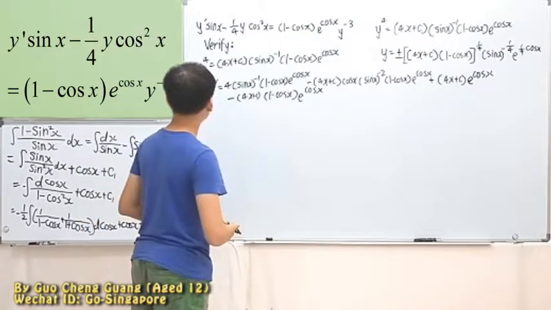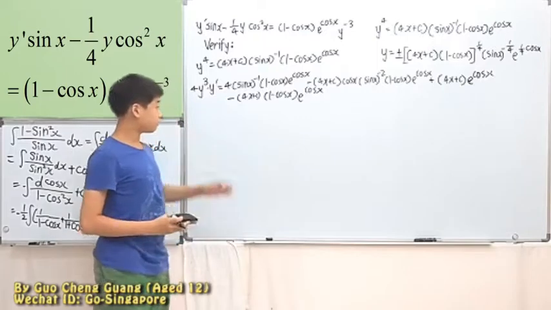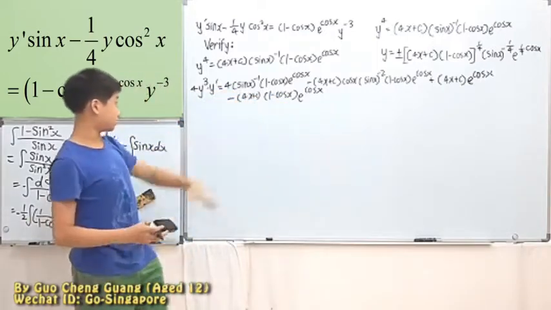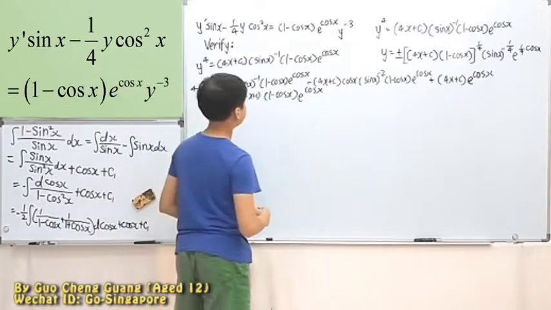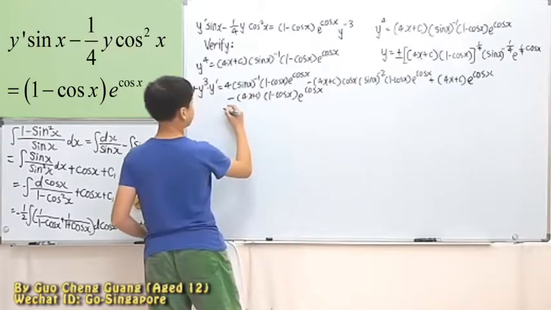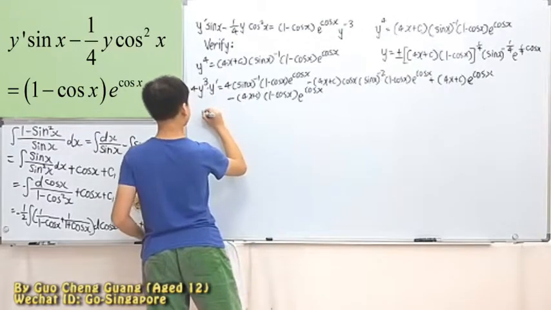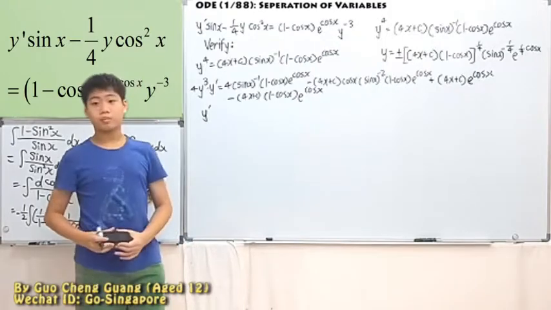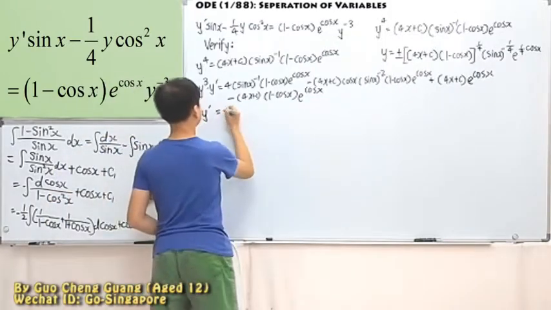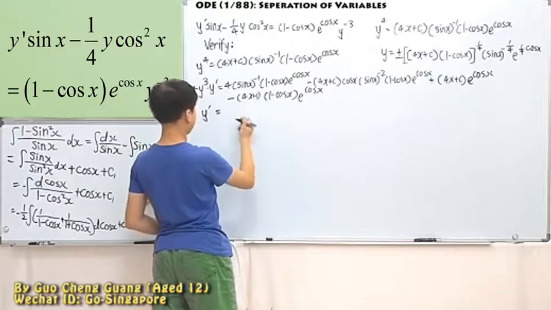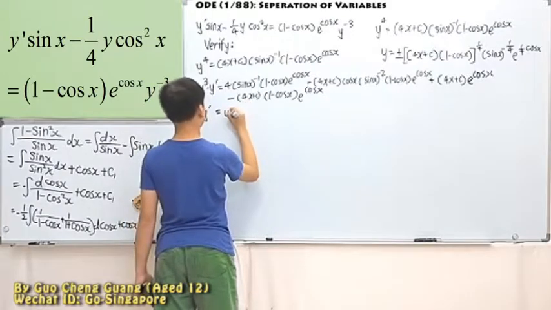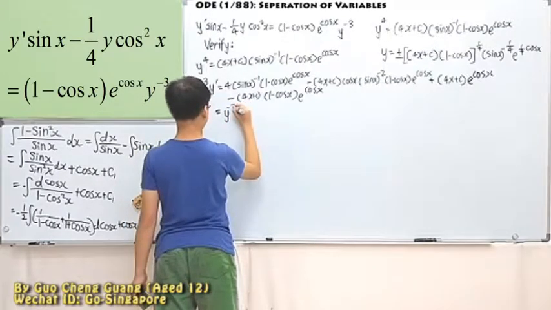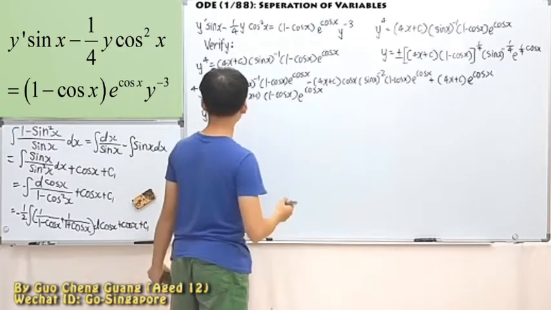Okay, so for this part, I think first part is like this. Then after that, we can try to continue. But at the same time, we can change this into y prime. So then use this 4 divide. Then here you get y to the power negative 3.